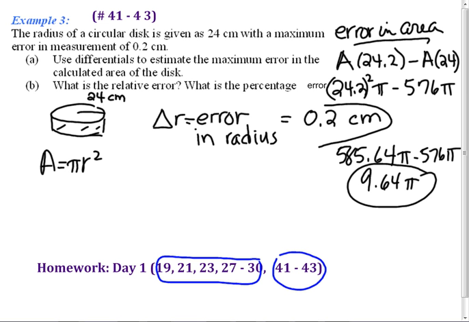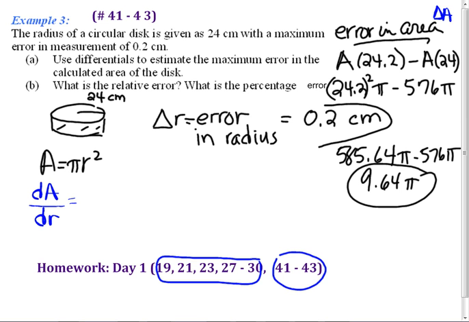I can use differentials, which is a lot easier. I don't need a calculator, surprisingly enough, to do this. And so this is the change in the area, delta A. I'm going to use differentials. I want dA. What's the derivative of the area, and what are we taking it with respect to? That's right. The change in the radius as the area changes. What's that equal to?